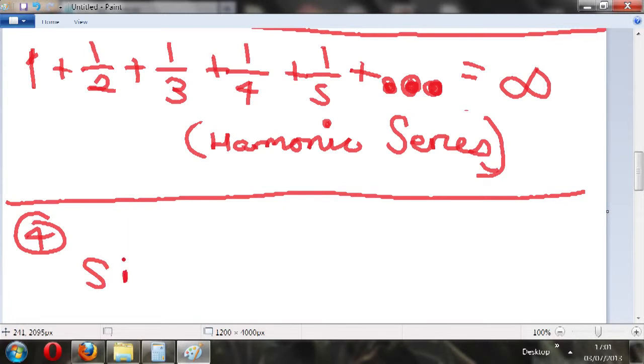So sine of A. And the most important thing to know about all trigonometry is that it's basically just like infinite series, just like that.